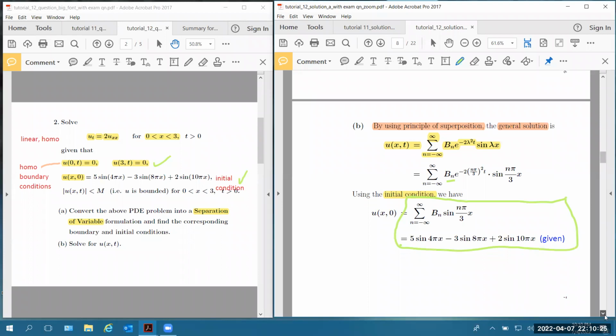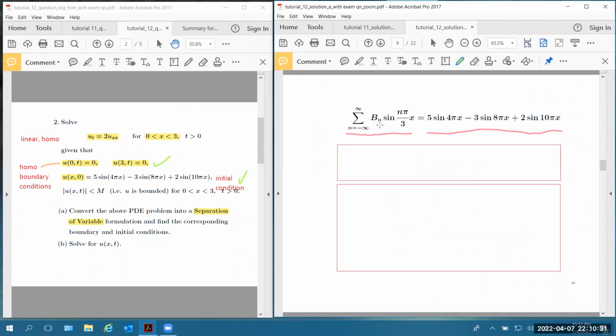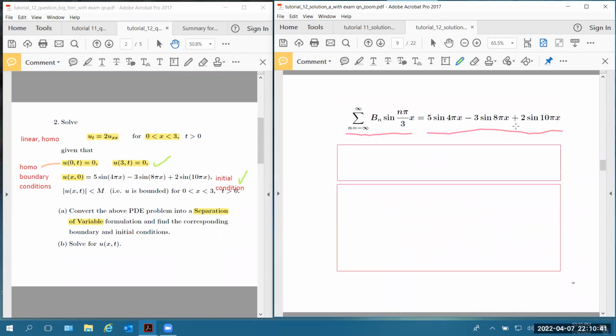Let me write this equation on the next picture. So this one equal to this one. This is the left side, this is the right side. So that's what we have. From this equation, I'm going to find bn. So what can we say here?